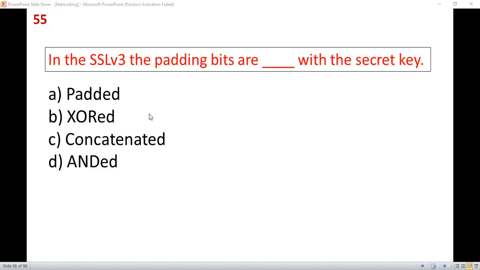And what is a secret key? Have you any idea about a secret key?